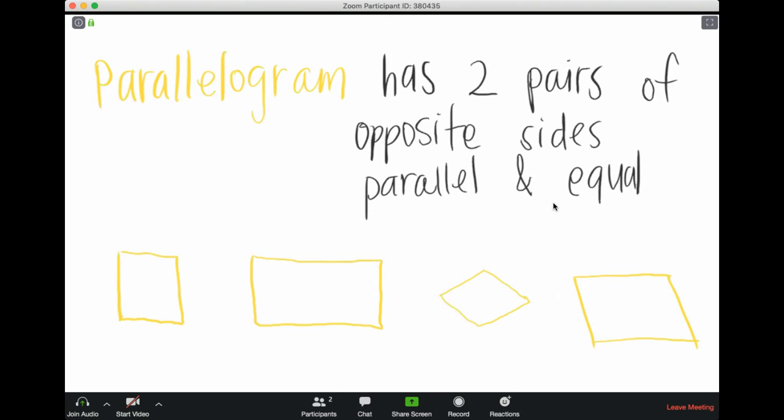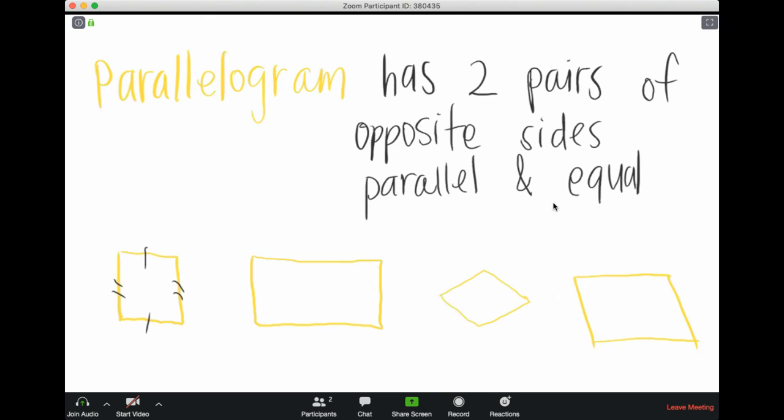So for example, let's take a look at a square. A square has opposite sides parallel, and the square also has to have opposite sides equal. So a square can be called a parallelogram.